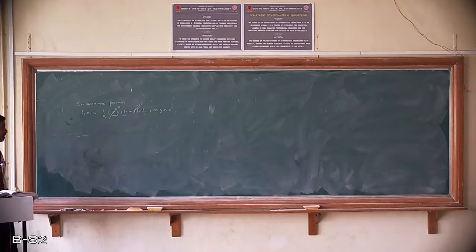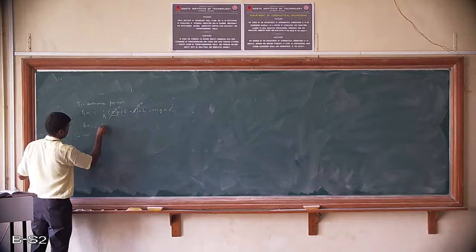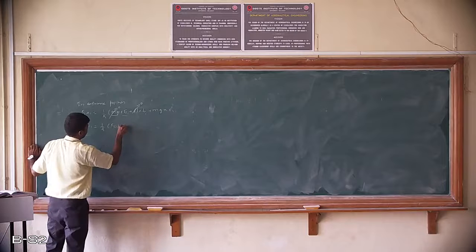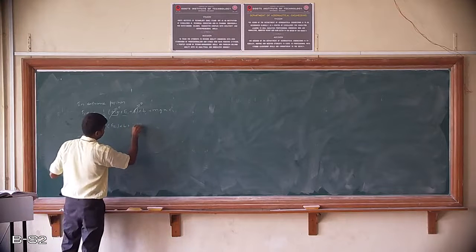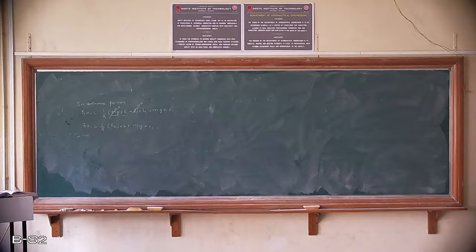Whatever the unknown terms are, you first remove them and write only the known terms. So the remaining known terms are F1 into A1 is equal to half into Fs1 into B plus M into G into C1. This is the remaining term which we get after substituting the values of mass of the sleeve and force of friction.